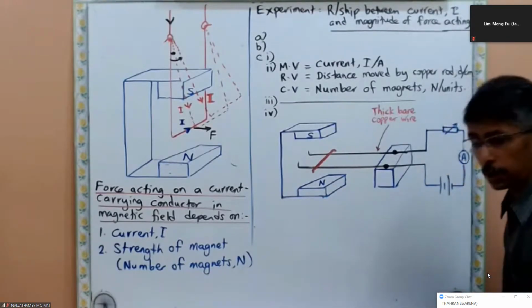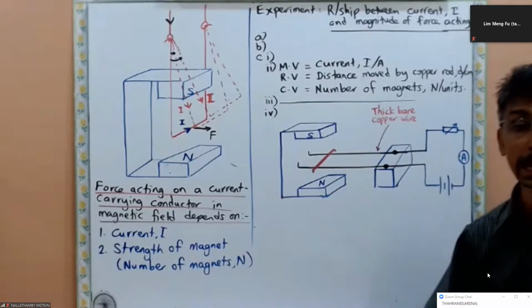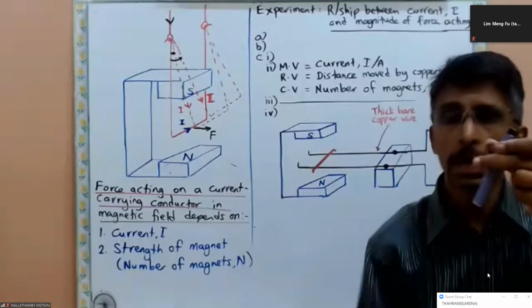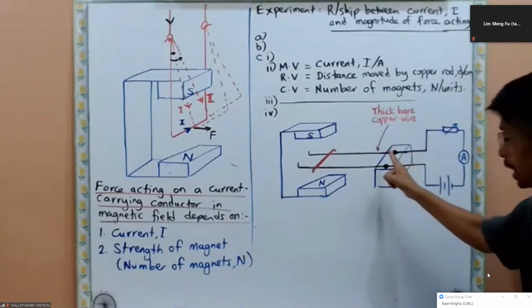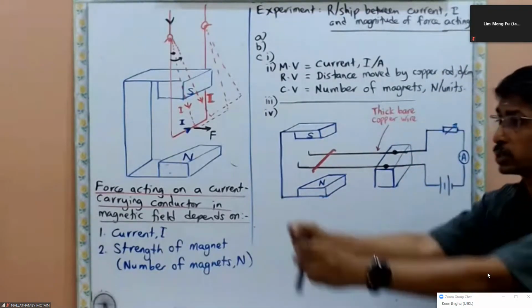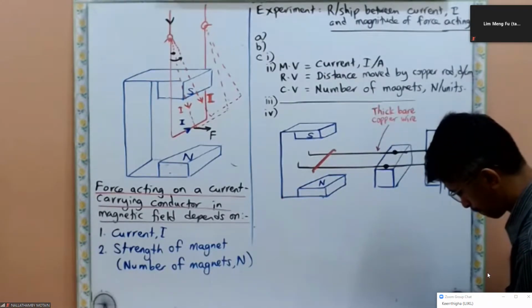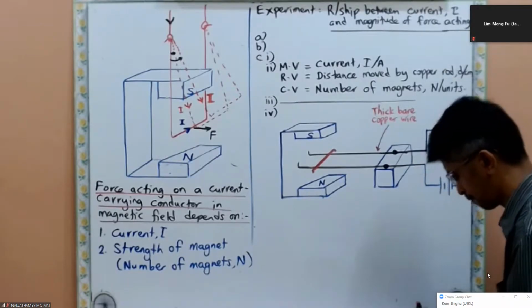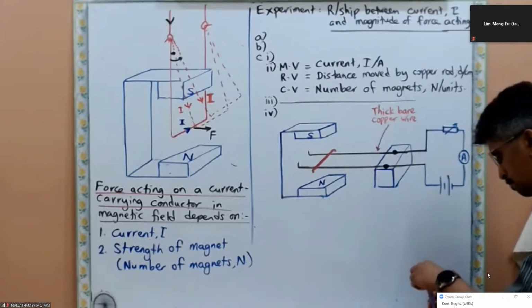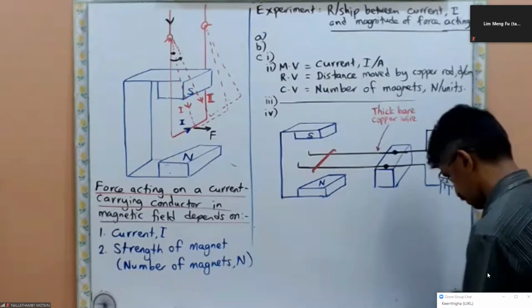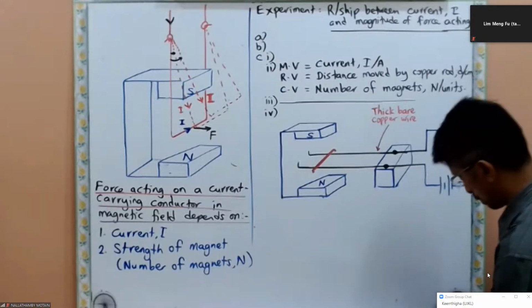What is meant by bare copper wire? Naked. Naked is what? You remove, there's no insulator. We remove it, only the copper wire. But it must be thick. Why? Because we want this copper wire to stand up straight.